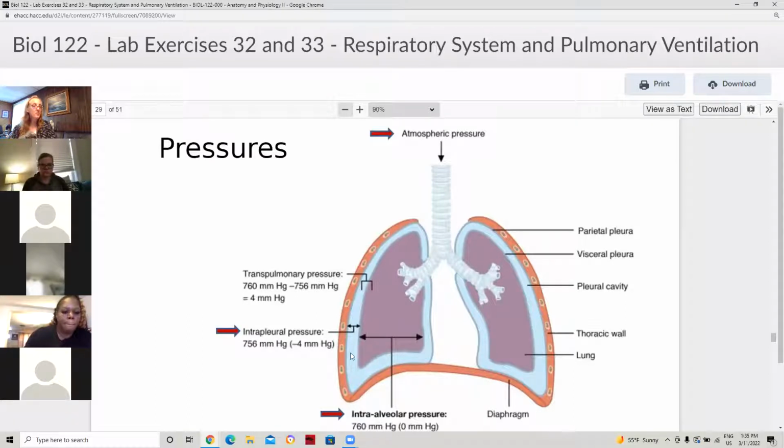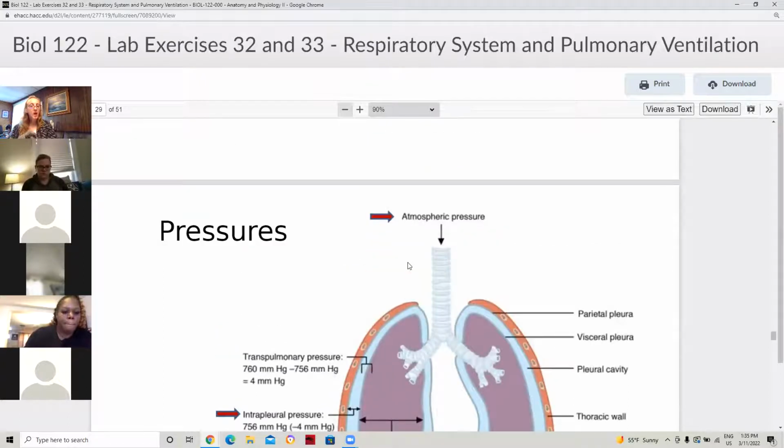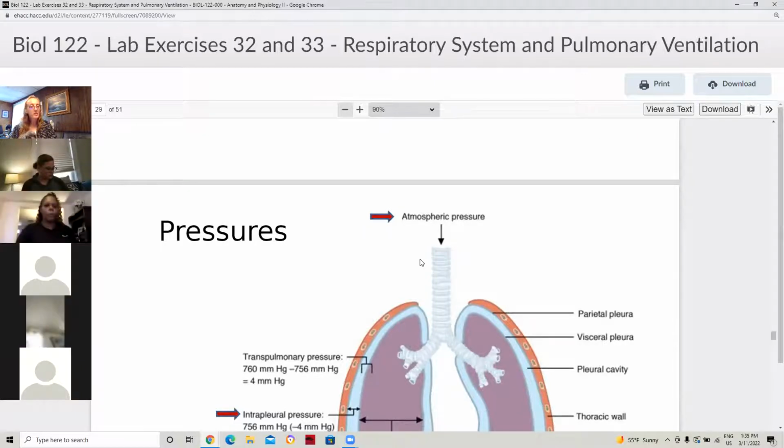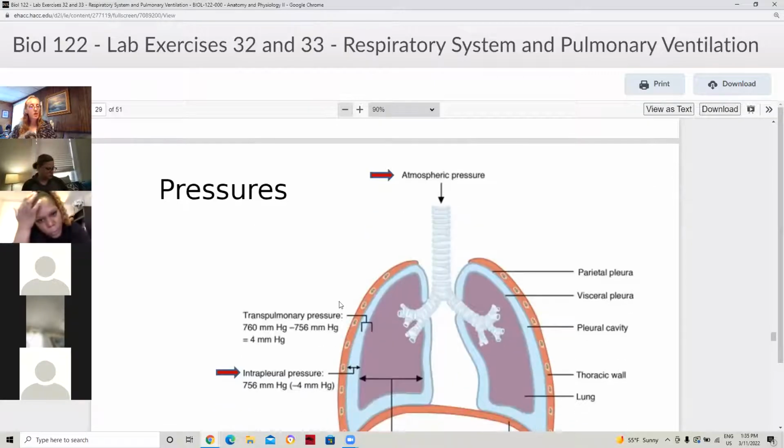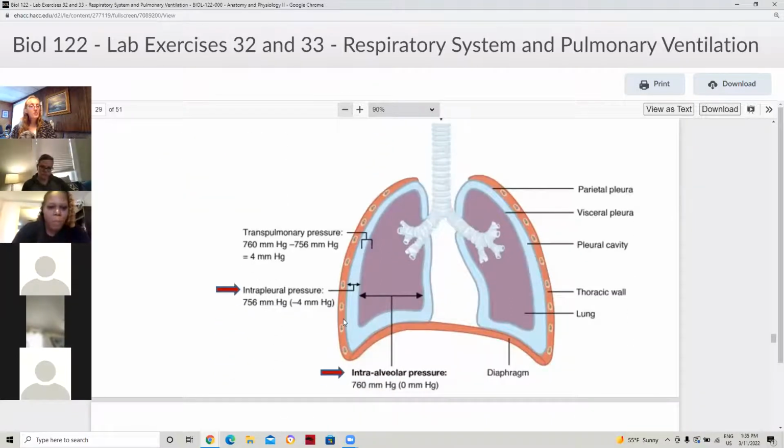Remember, everything moves from a high to a low, right? So you have atmospheric pressure, which at sea level is 760 millimeters of mercury, or torr. You have intraalveolar pressure, which is like under a vacuum, and it's -4 millimeters of mercury.